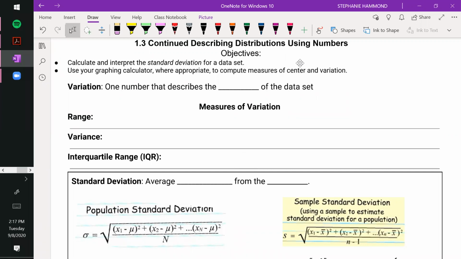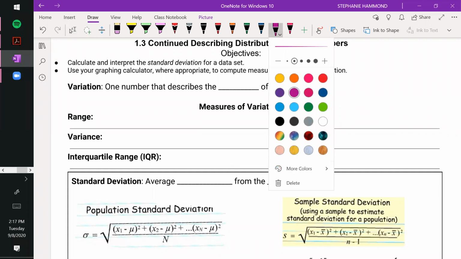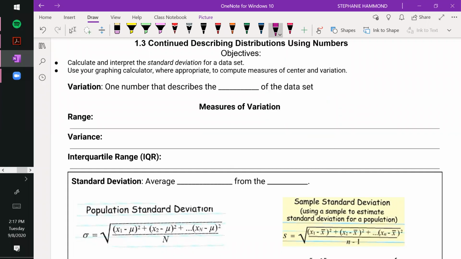So variation is a term that means we're looking at a number that describes the spread of the data set. Spread has an A in it, sorry. Spread. So in other words, in the last part of this section, we talked about the central tendency. Where exactly is the center? Maybe it's right here, which means in general, the highest point of the data is probably somewhere about in that point.